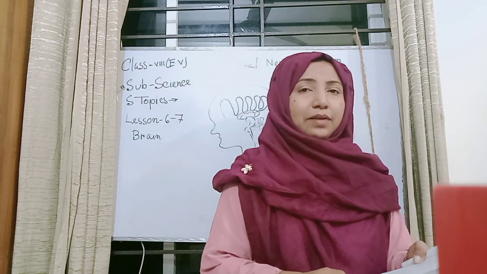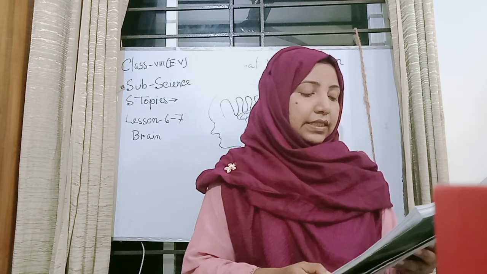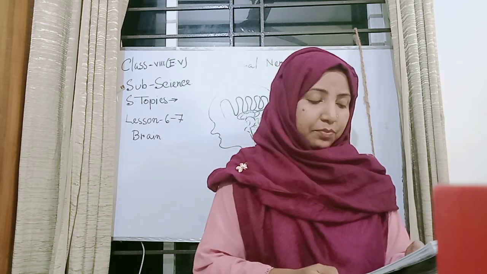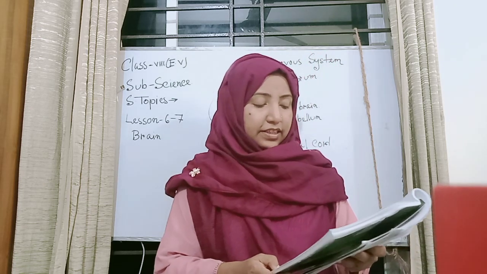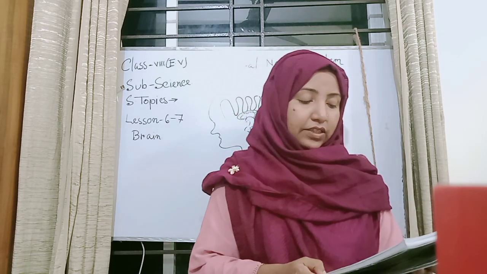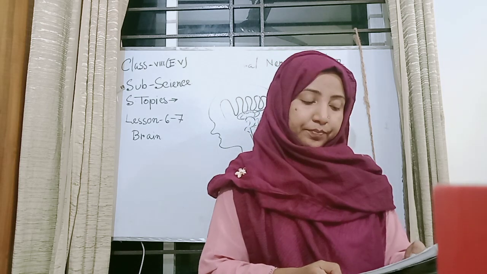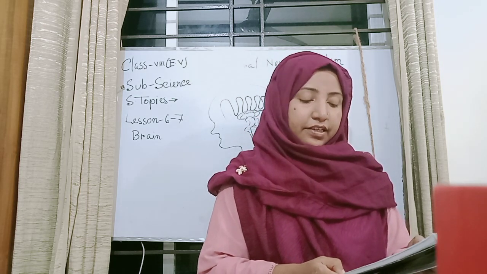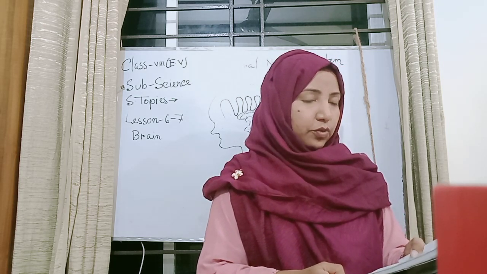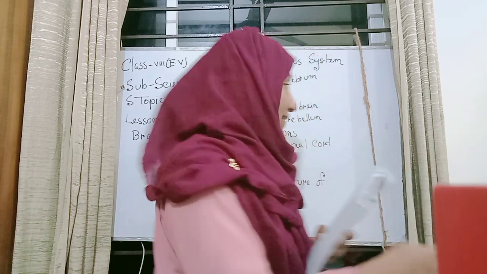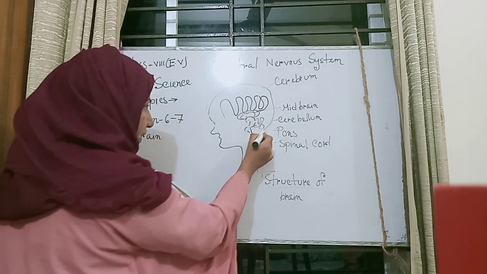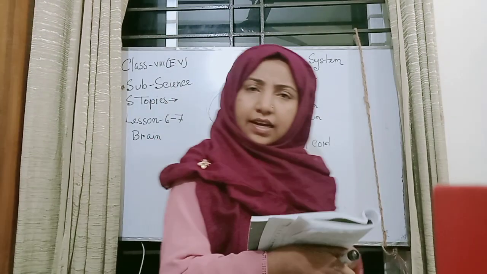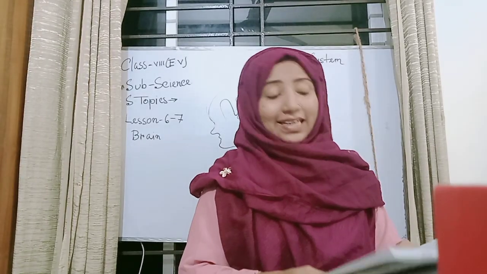The central nervous system consists of the brain and spinal cord. The brain is the sole controlling agent of the whole nervous system. The human brain is contained and protected within the skull, part of the skeleton.